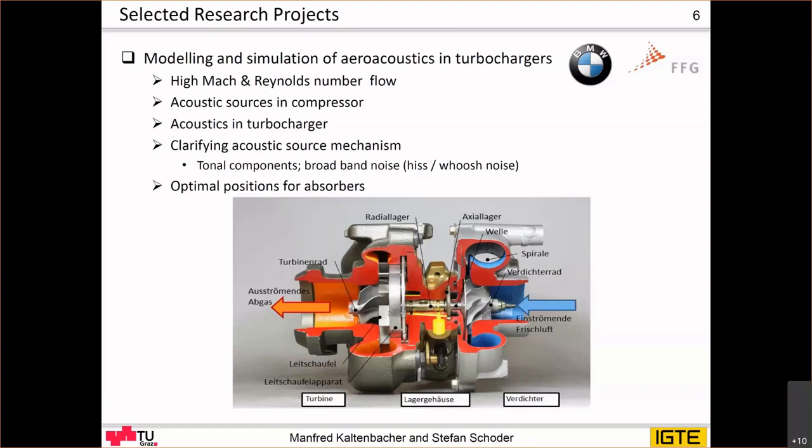And that means it's highly compressible, and the main project there is to understand how the sound is generated by this highly compressible flow and how we can model and simulate the generated sound, not only for this part here, but for the whole engine, and get the idea at which places we can reduce the sound due to some changes in geometries, and on the other hand also where are good places where we can put absorbers to get a reduced sound, or even noise emission of these components.